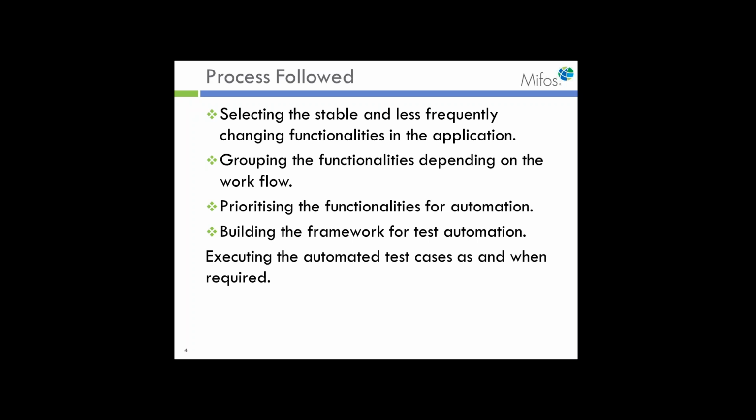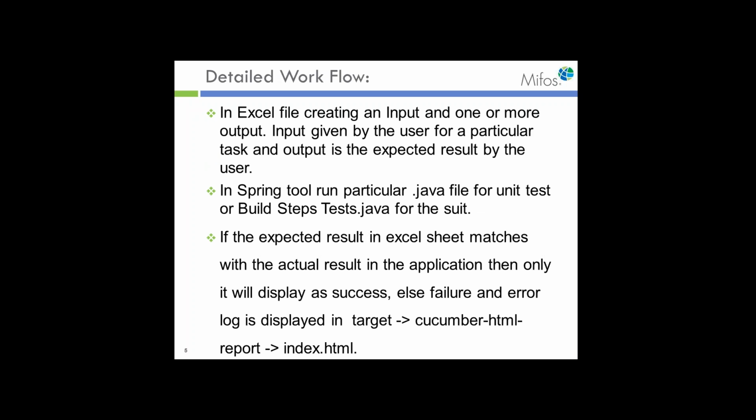So we have built the framework for the automation, and we are adding the test cases to that framework. As a detailed workflow, the Excel sheet we create as an input, one or more, and validate against one or more outputs.